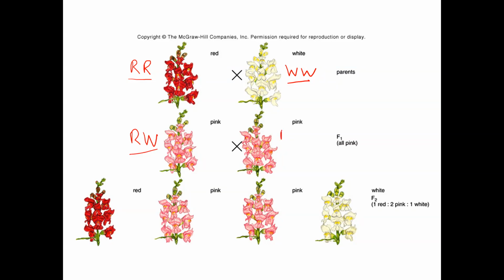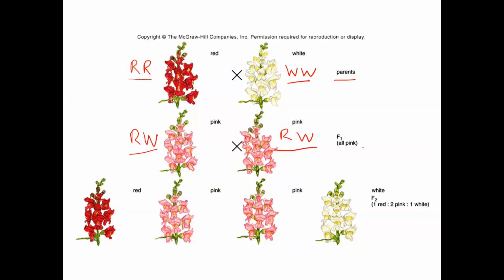Now, if you cross now the F1 generation, so parental generation, homozygous, the F1 generation now, that's first filial generation, are going to, of course, be heterozygous. Both of them, which is why they are pink.